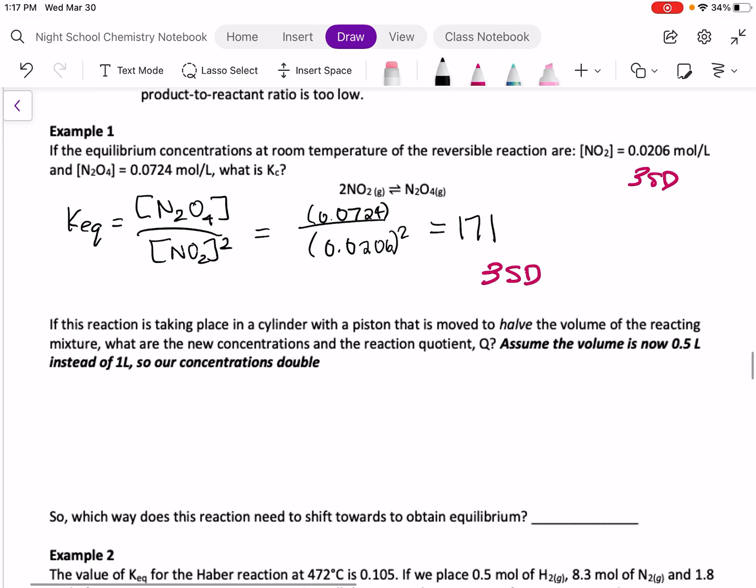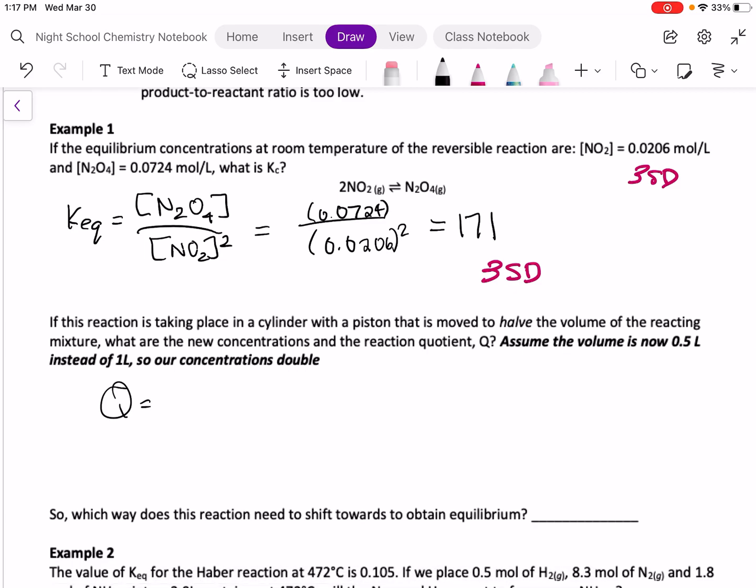Now, if this reaction is taking place in a cylinder with a piston moved to half the volume of the reactant mixture, what are the new concentrations and the reaction quotient Q? Assume that the volume is now 0.5 liters. Okay, so when we're setting up Q, we keep everything the same as what we had for K. So for Q, I'm also going to have N2O4, and I'm going to have NO2 to the power of 2.